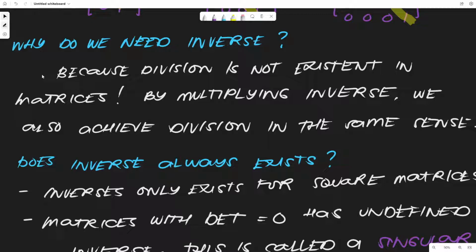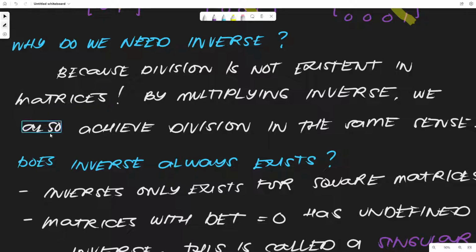But by multiplying by the inverse of a matrix, let's say we are asked to divide matrix A by matrix B, we just get the inverse of matrix B and multiply it to A. It is the same manner of dividing those matrices. We have no direct division, but we can do the inverse and then multiply.